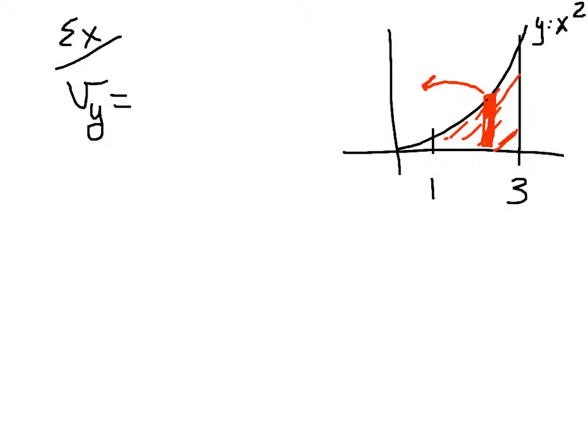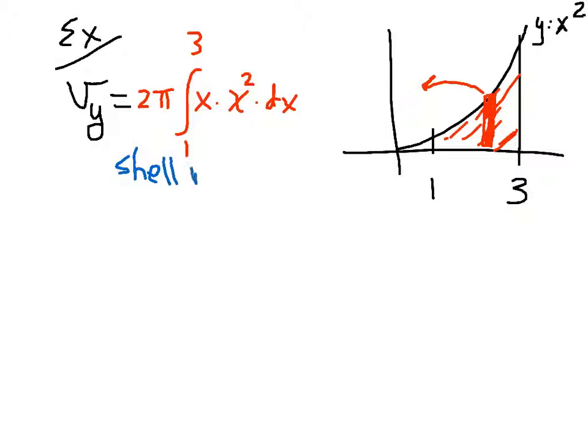And when I go around the y-axis, I generate a shell, and so the volume is going to be 2 pi times the integral from 1 to 3 of the radius times the height times the little bit of thickness. And there you go. And that is, as we said before, this is the shell method. Alrighty? So two methods, disk method and the shell method for solids of revolution.